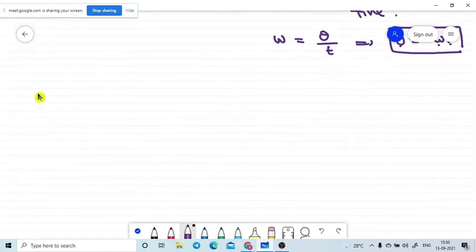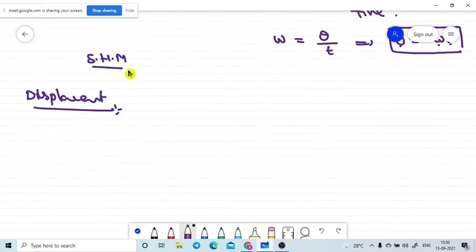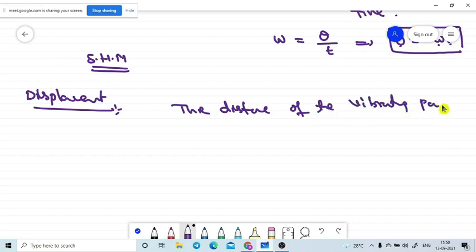Displacement, very important, here means displacement in SHM only. We are discussing all parameters in SHM, that is, simple harmonic motion. So how can we define it?